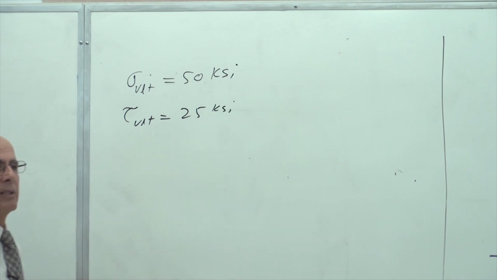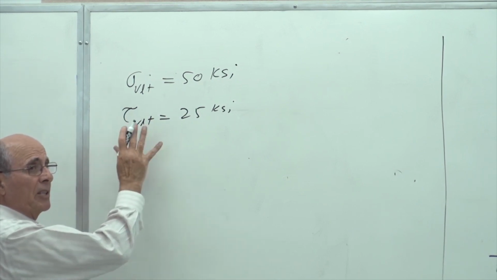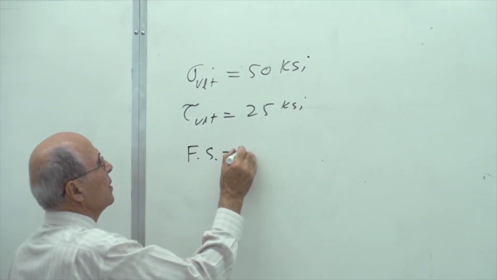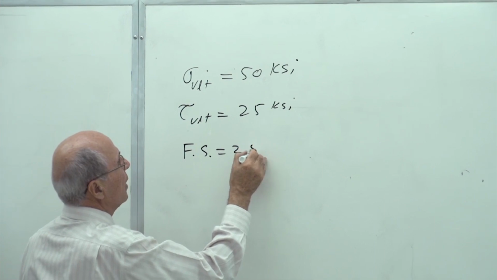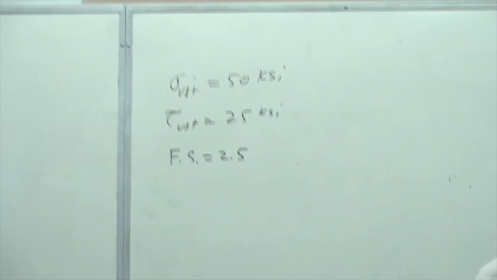Is that correct or not? Yes, this is just an example. If it's true or not, we'll discuss that later on, come Thursday again. And then do we need a factor of safety? Because this is ultimate, at this number it's going to break. What's the factor of safety we need? 2.5. So whatever load or whatever stress I have, I want 1/2.5 of that. Is that correct or not?